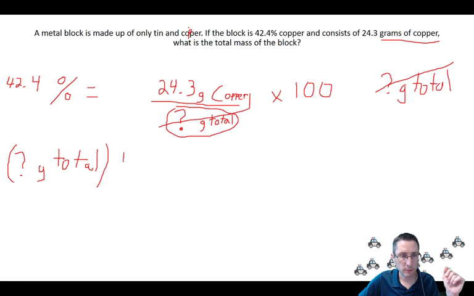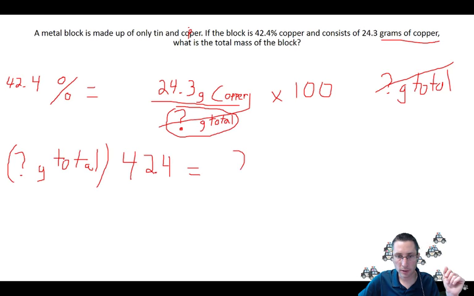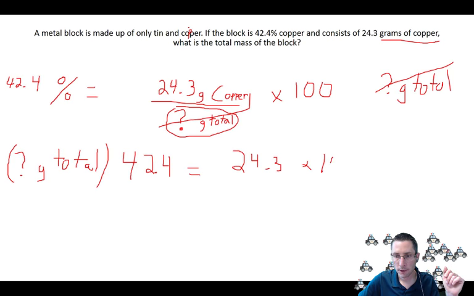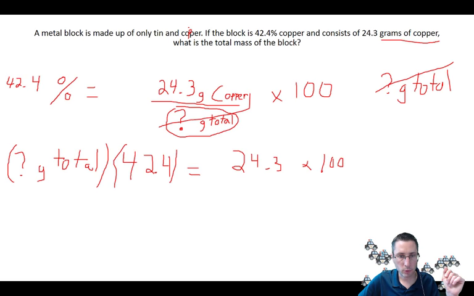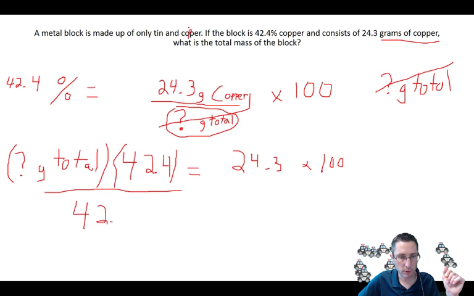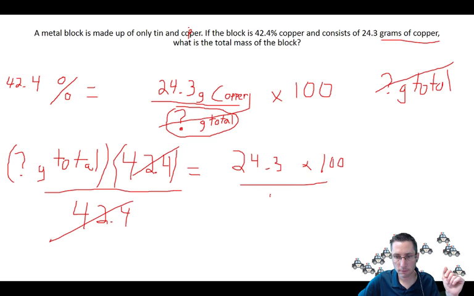In which case it'll be multiplied by this 42.4%. And the right side of the equation is then just 24.3 times 100, since that denominator got canceled out. This is just basic algebra here. I have to isolate that question mark further. I have this 42.4 here, so I better divide both sides by 42.4. Now it'll drop out on the left. There it is on the right.